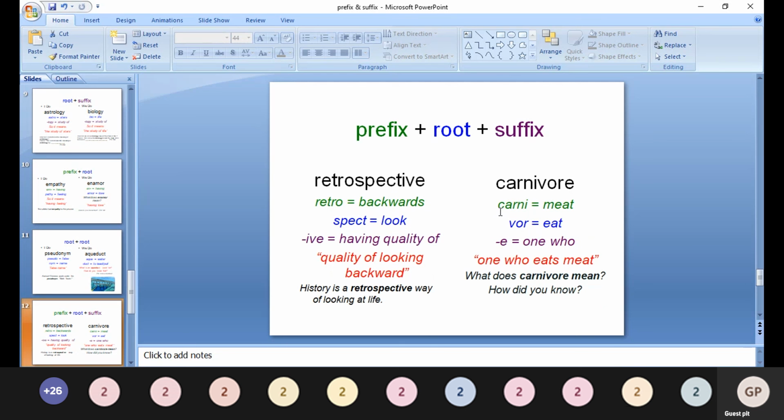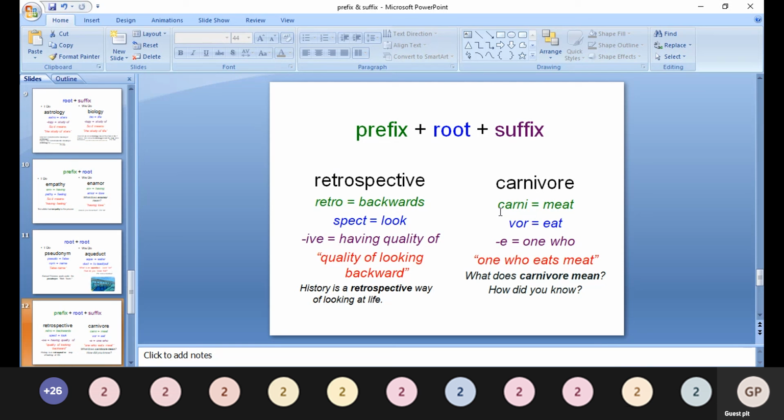Prefix, root, and suffix here, all the three. Retrospective. Retro means back. Spectacles, you use the spectacles to look. So spect is look. Ive, having the quality of, so having the quality of looking backward. Retrospective.